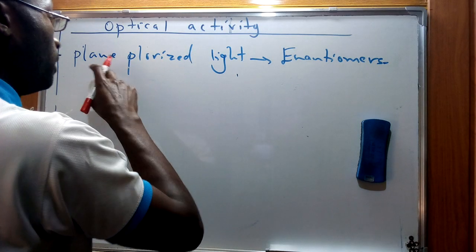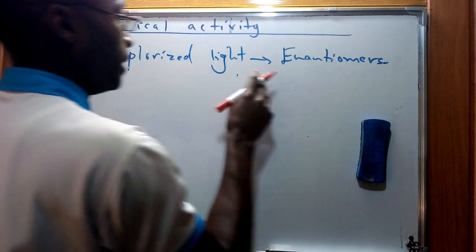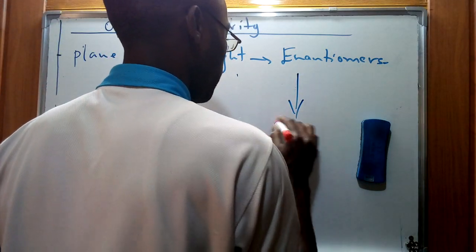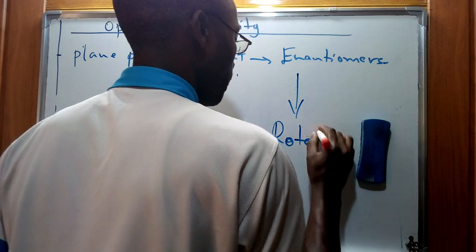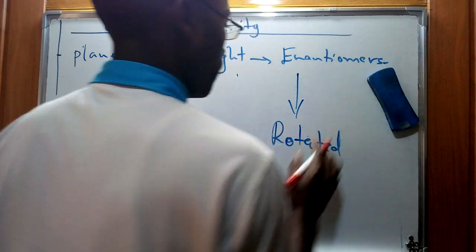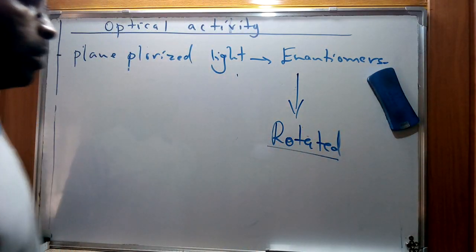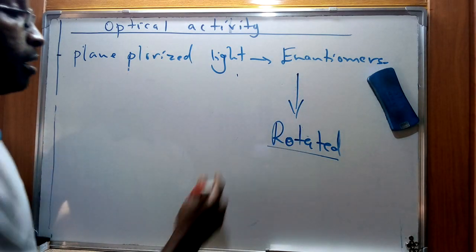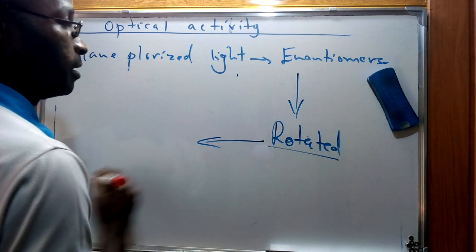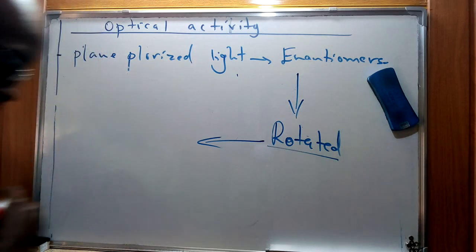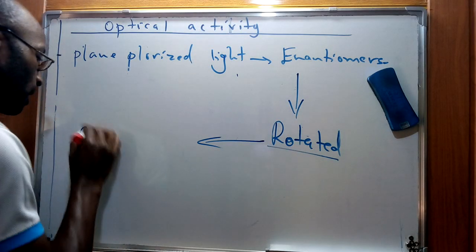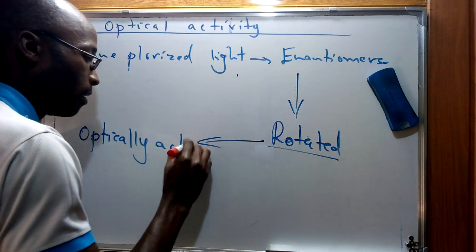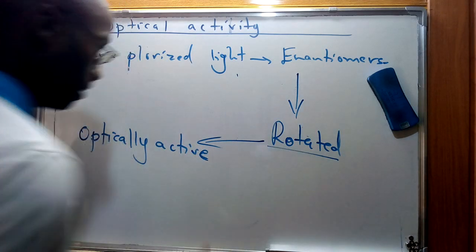So whenever a beam of plane polarized light is passed through a solution of enantiomers, the plane polarized light is rotated, and therefore this aspect of rotating the plane polarized light that has been passed through an enantiomer is why these enantiomers are referred to as optically active enantiomers.